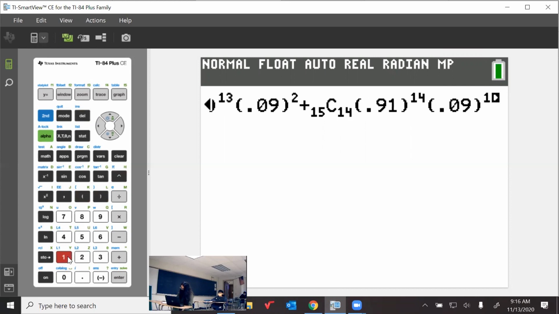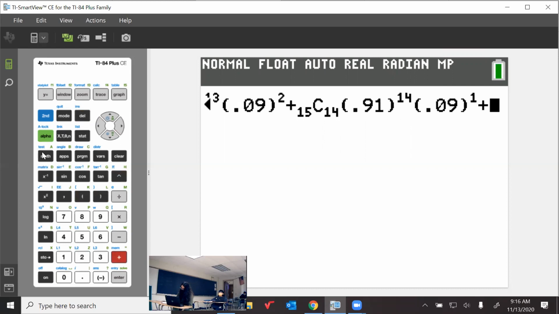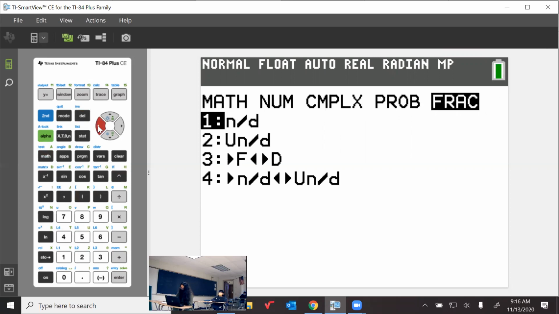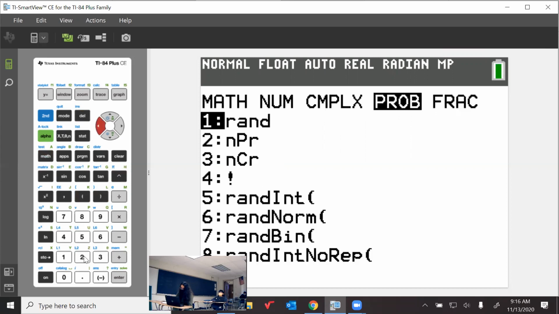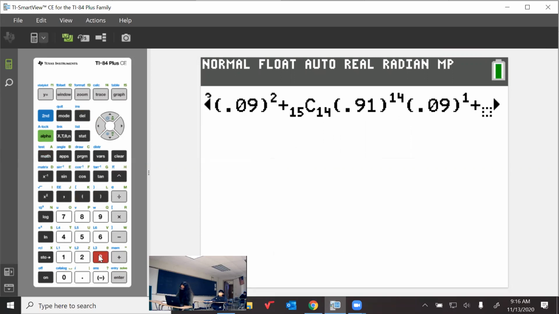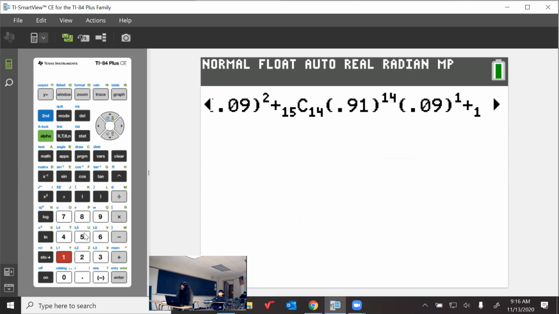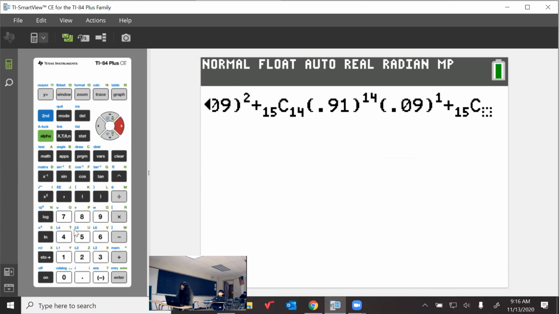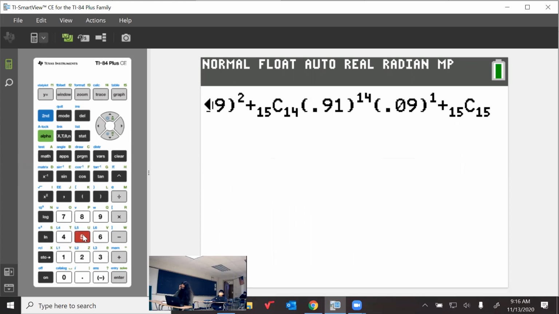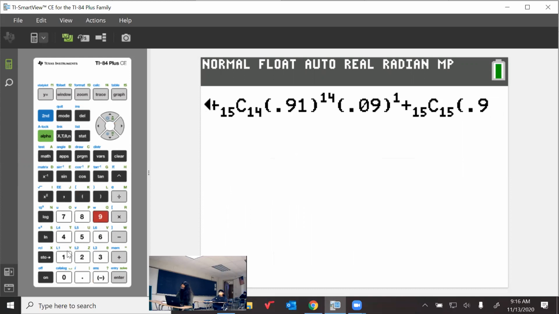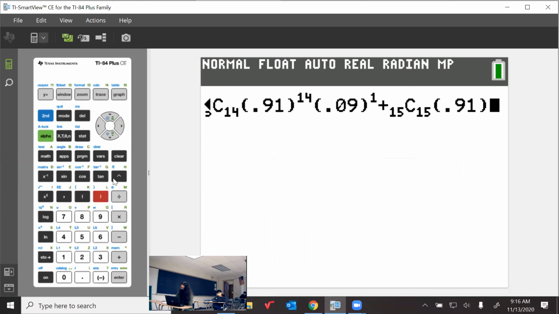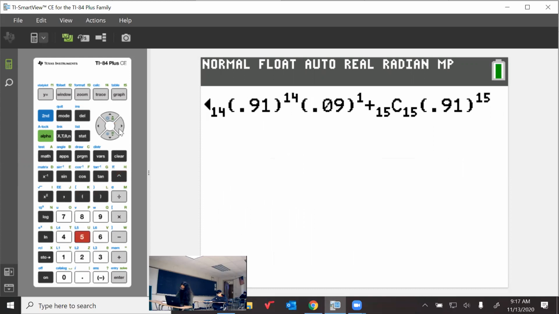I don't need the 1, but just to see how the algorithm works. Plus 15 choose 15. Now, 15 choose 15 is 1, so you don't need it, but you're better off being consistent here so you see what's going on. 15 choose 15, 0.91 to the 15, and you're done.